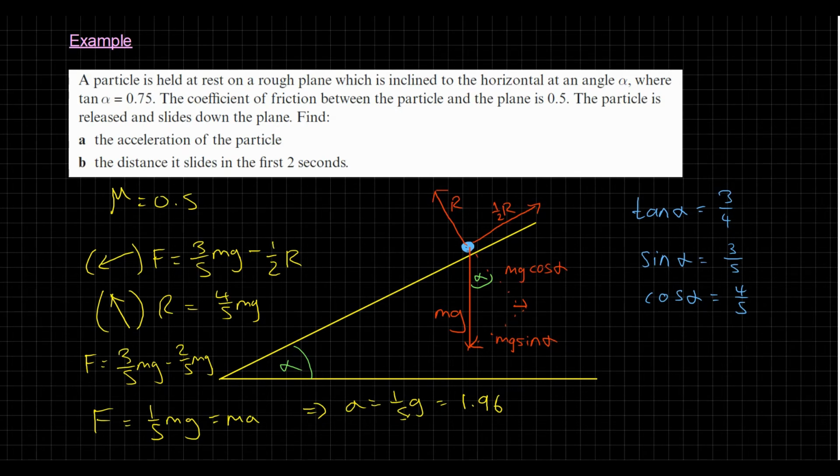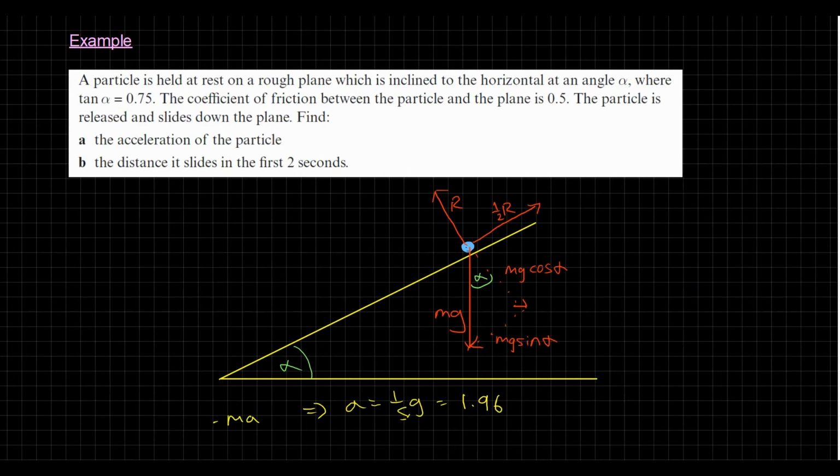Let me then just clear a little bit of working. 1.96 we said. So the acceleration is, let's write it as g over 5 actually. I'll just put in brackets 1.96. Now we're being asked, how far does it slide in the first 2 seconds, right?